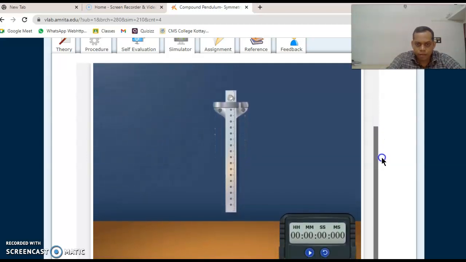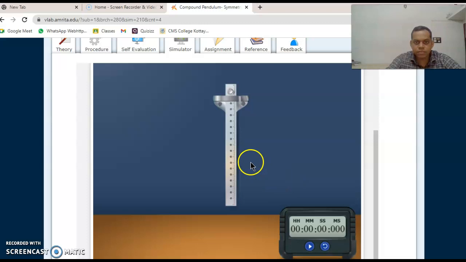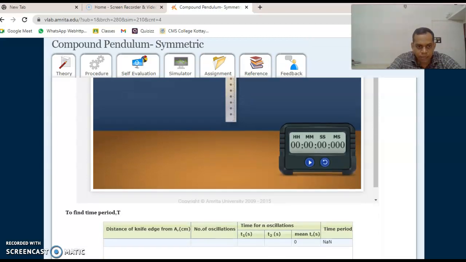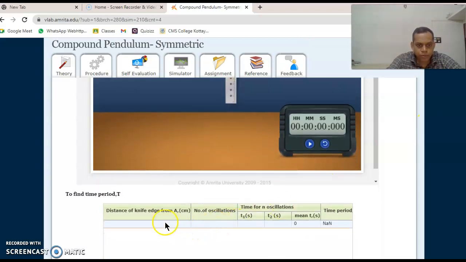Okay, here we do have a stopwatch. Here the symmetric compound pendulum has been suspended on a knife edge, as you can see, and we need to measure the distance and the number of oscillations. We need to find the time for the oscillations, and then we need to find the time period.